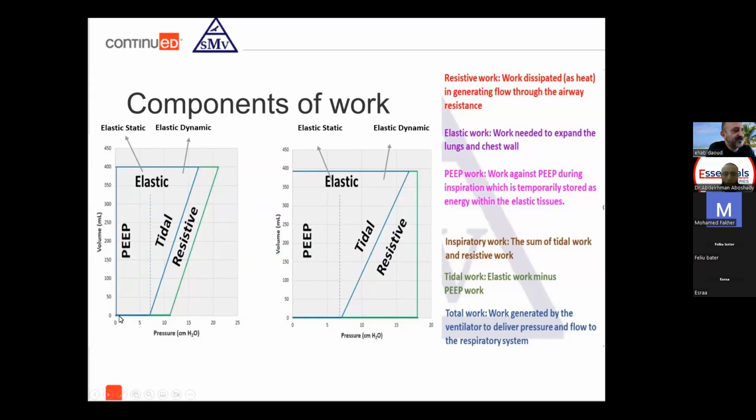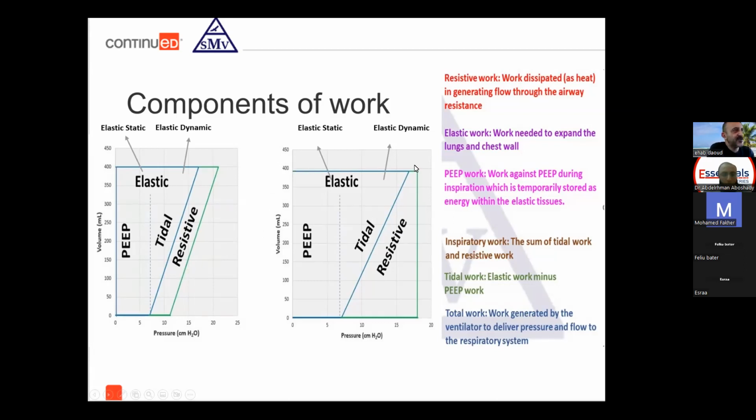And as you can see, according to how bad the compliance or the elastance, we're starting from 0. And as soon as we hit what we used to call the lower inflection point, you start having that linear relationship between the volume and the pressure. So that looks like the volume pressure curve in the volume controlled mode. And those patients are passive, so they're not having any work.